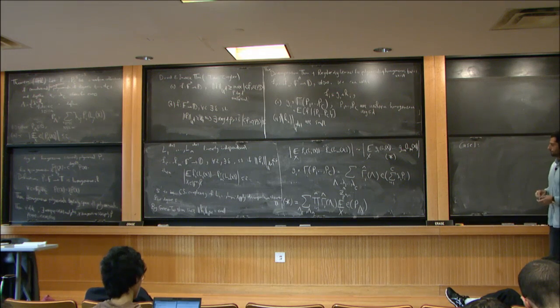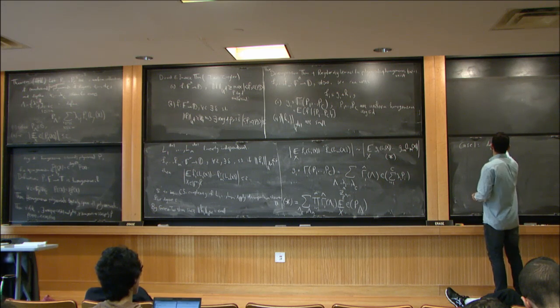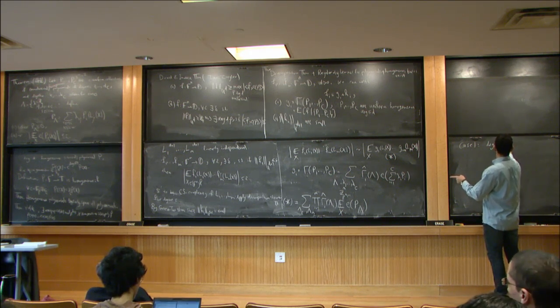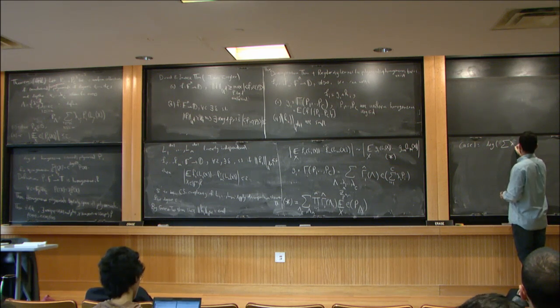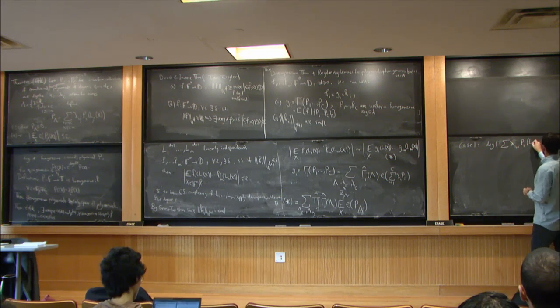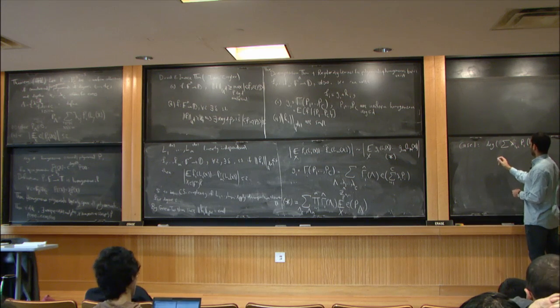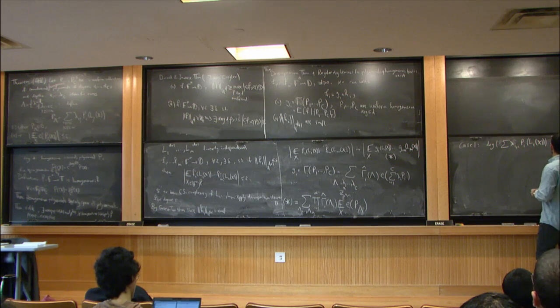Case 1 is when the degree of, let's say, the sum of lambda 1i pi of L1 of x, so this is p lambda 1 really, is less than or equal to d.